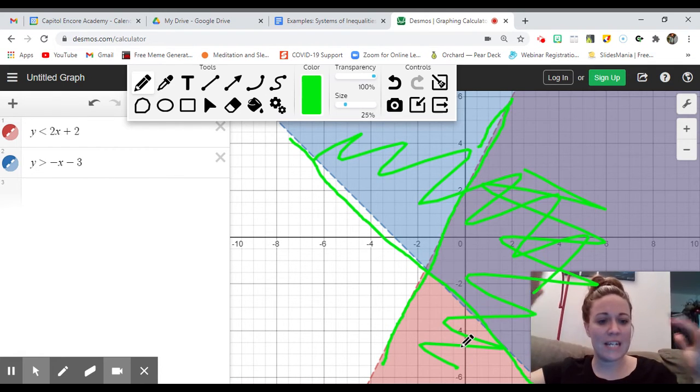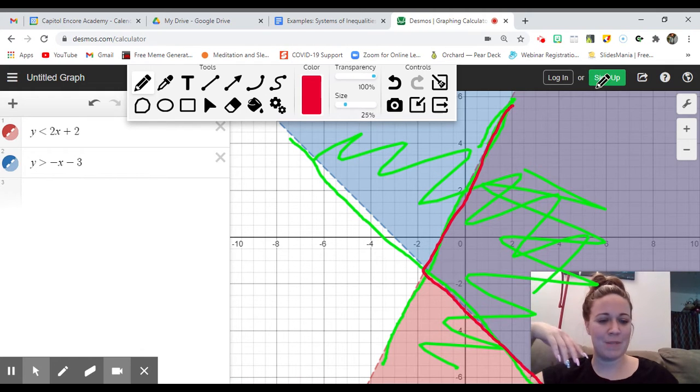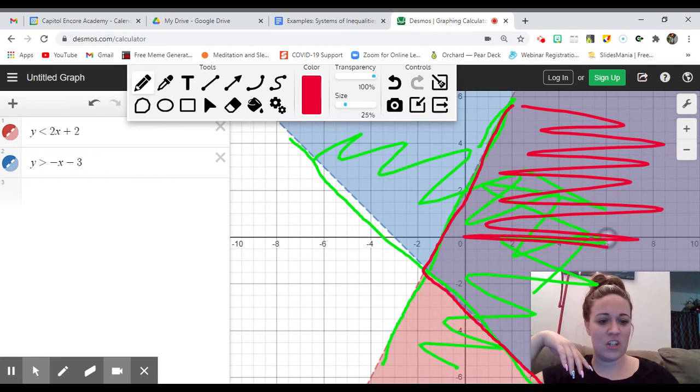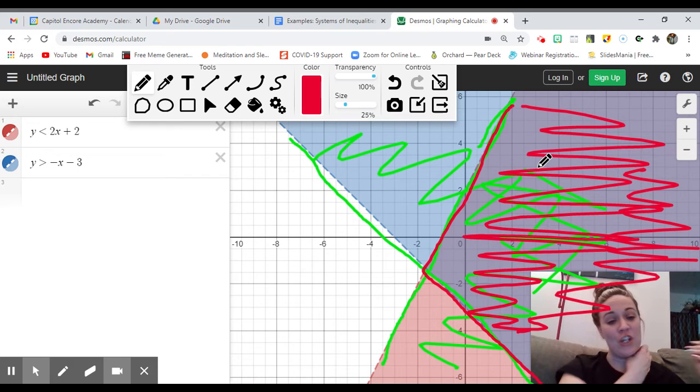So where is the section that they share? The section that they share in shading happens to be this piece right here. And my face in my little picture is about to be in the way, but all of this section over here is the section that they share. So all of those are going to end up being a solution to my system of inequalities.